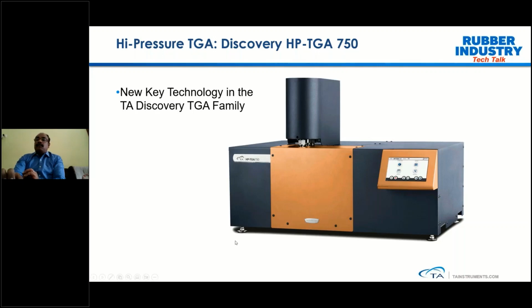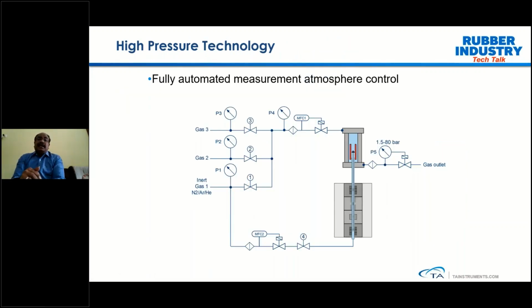This is offered by TA Instruments as an advanced, patented technique, where they are using a unique technology called magnetic suspension balance, which facilitates not only studies at elevated pressure, but also use of corrosive atmospheres.